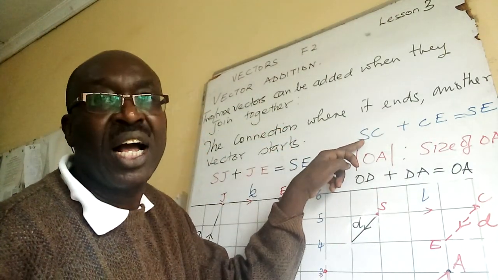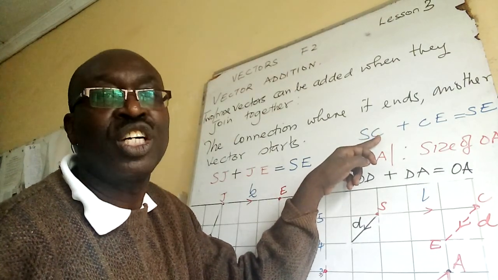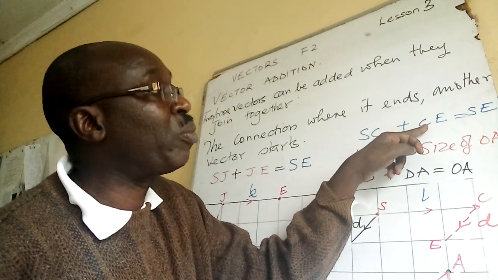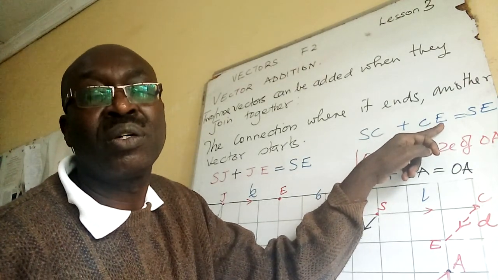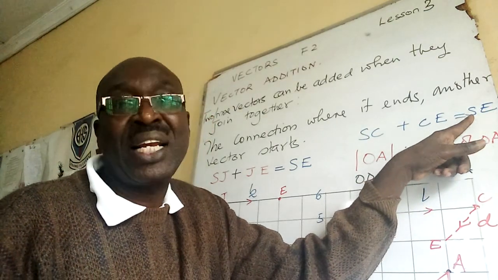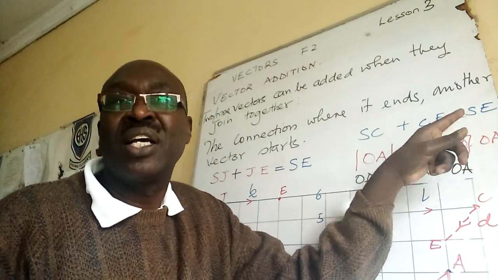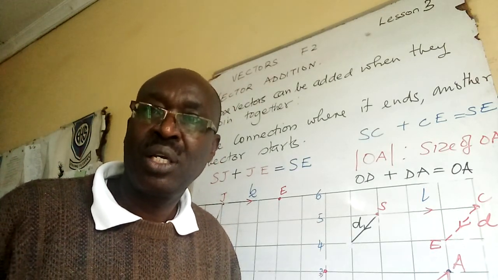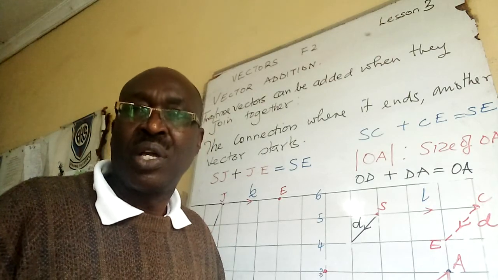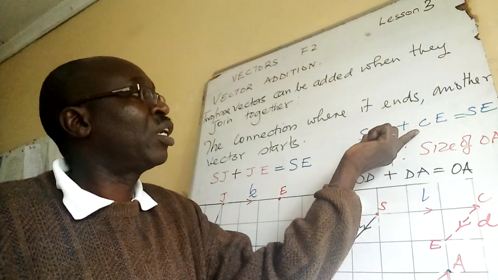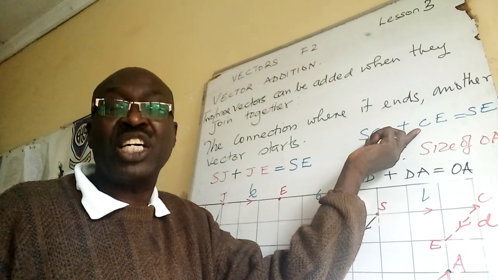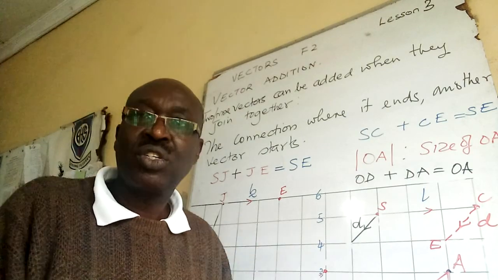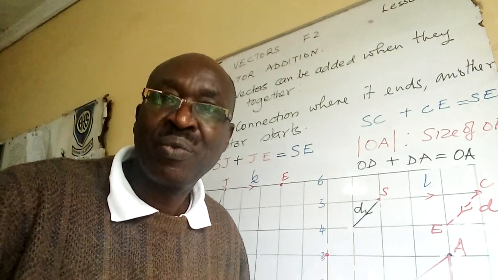I started here, went to town C. At town C, I connected another matatu from there to my destination. But when you are at home, town S, if you are asked where you are going, you will say, I'm going to town E. You don't give the description. And if you give the description, as far as your communication system is concerned, this will be correct. So folks, that is what we do.